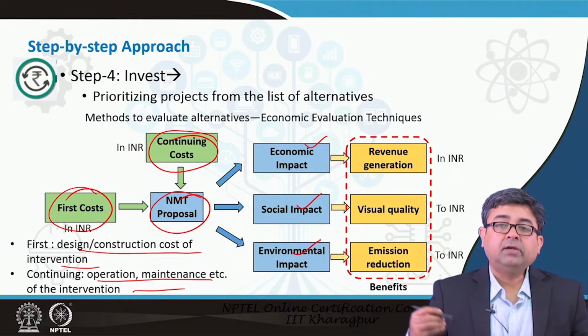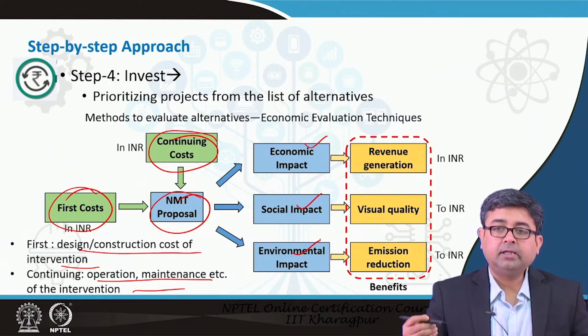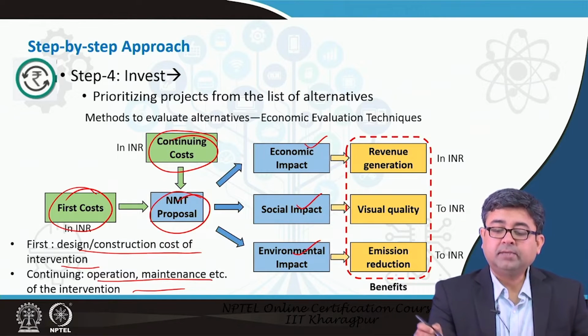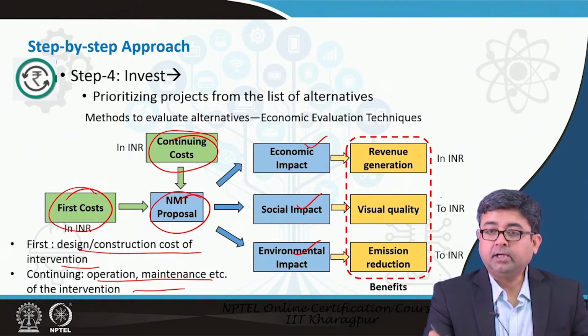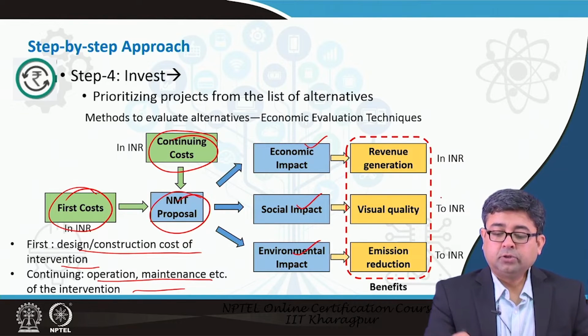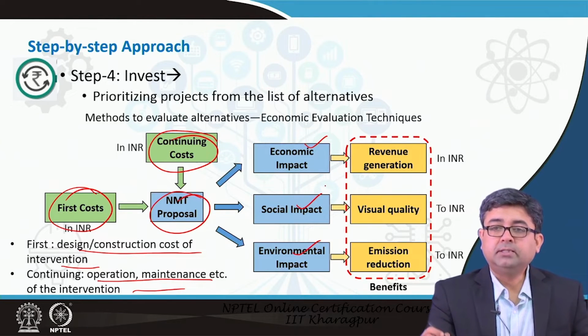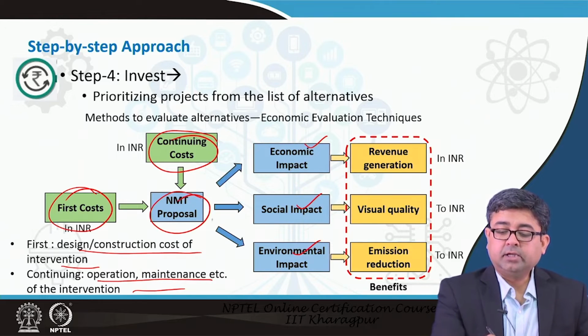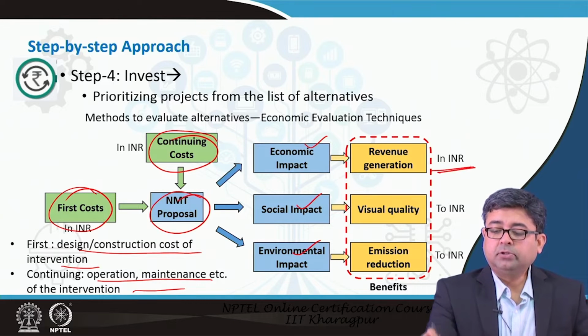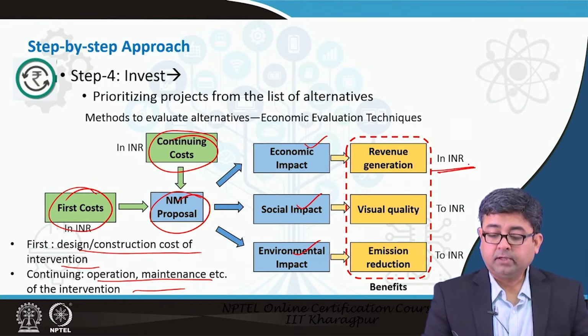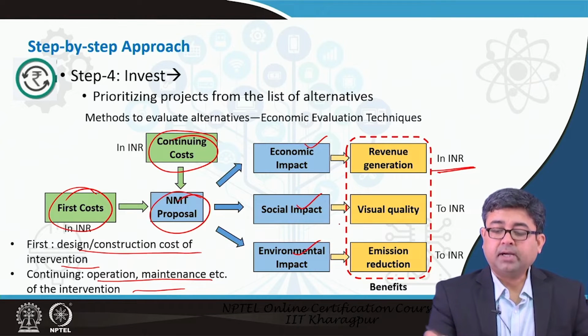When you are trying to invest, it is always better, easier and more transparent to convert all these impacts into monetary terms. Economic impact is easy to convert into monetary terms because you can say that X amount of revenue will be generated as a result of this NMT proposal. So, it might be easy to find. However, social impact, how do you quantify social impact?